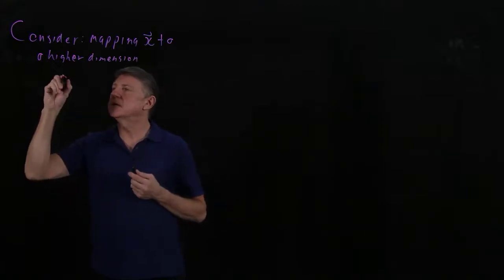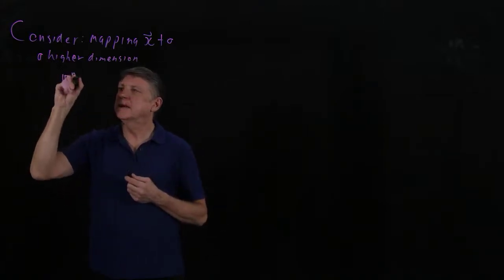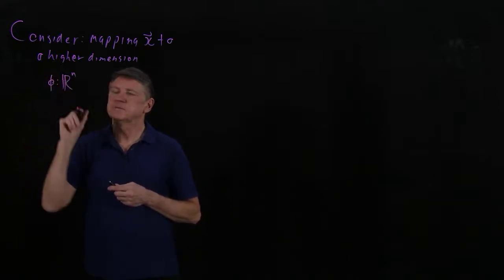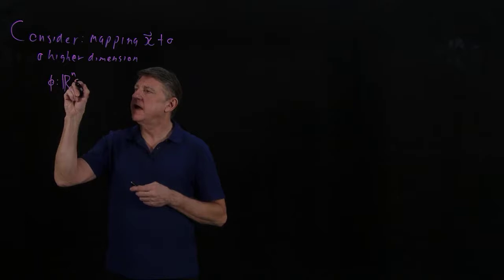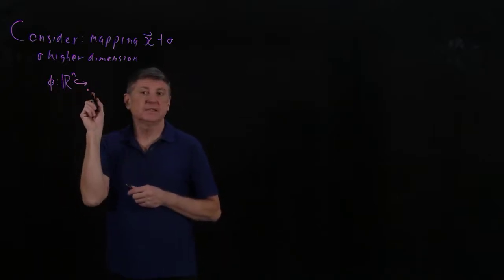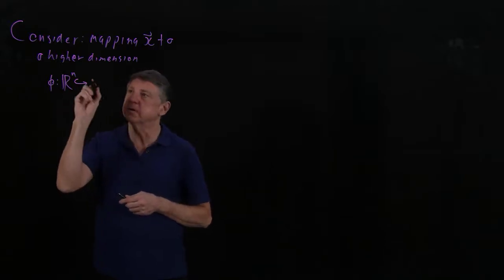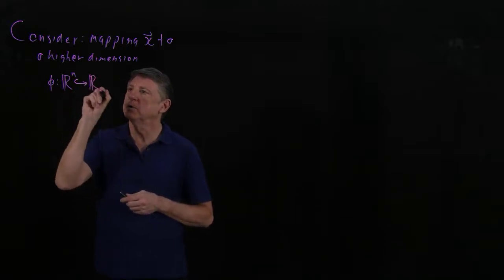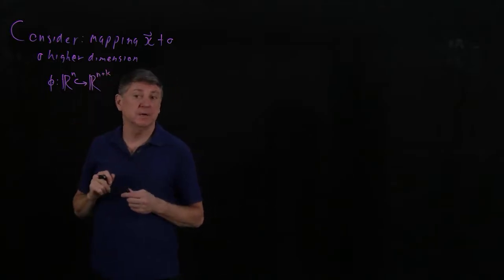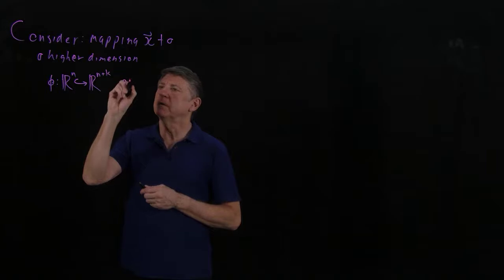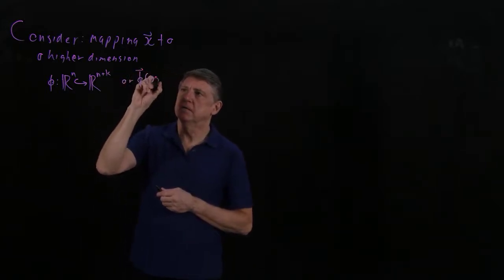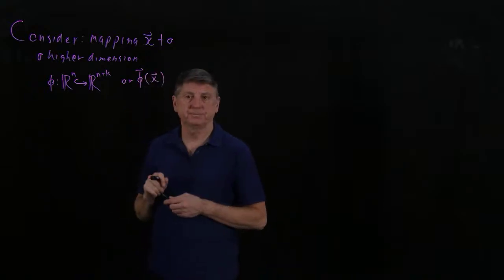We'll refer to this as we take a vector that has size n, and the mapping function is phi, and a hook arrow is used to indicate that this is specifically going from a vector space to a vector space. And what we're doing is we're adding at least one and possibly an infinite number of dimensions, and we might also write this as a vector function of a data vector.